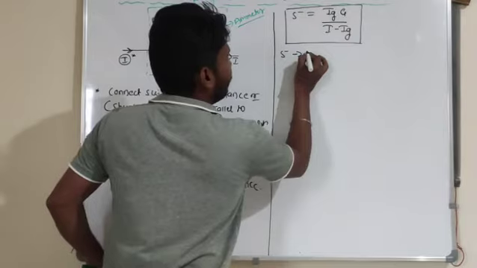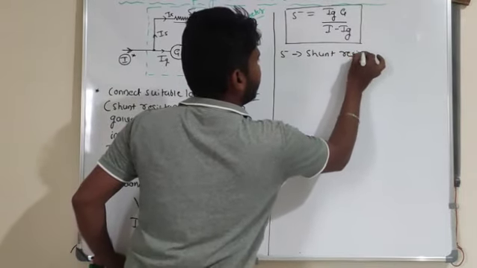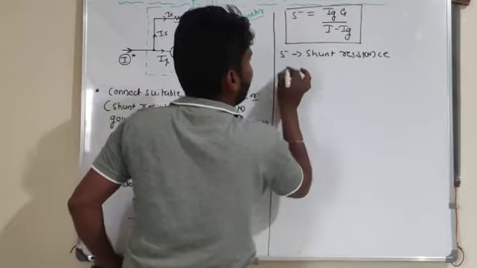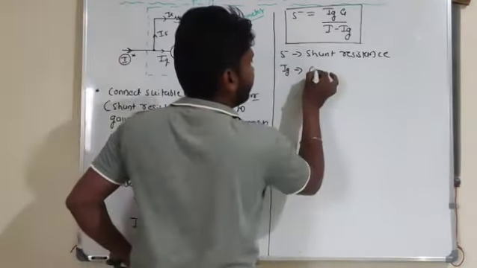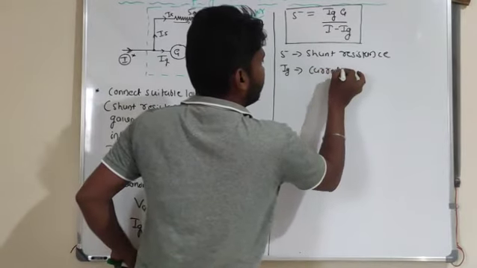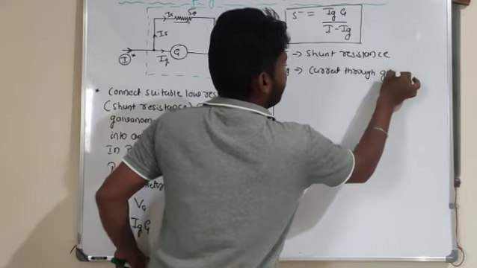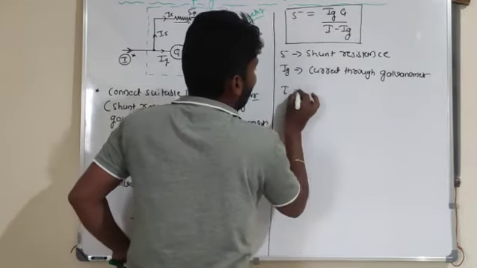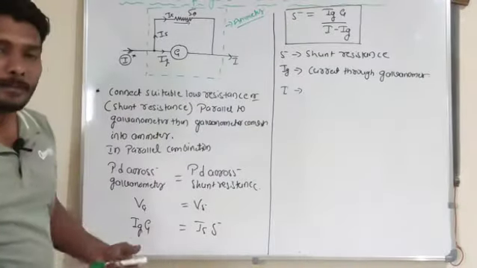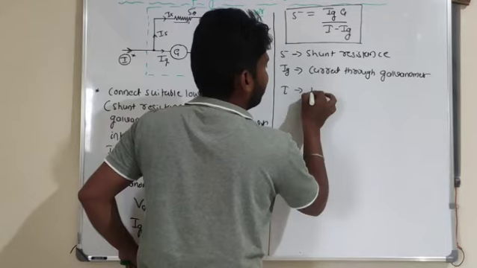Here S represents the shunt resistance, Ig represents the current through the galvanometer, and I represents the main current, or we can consider it the range of the ammeter.